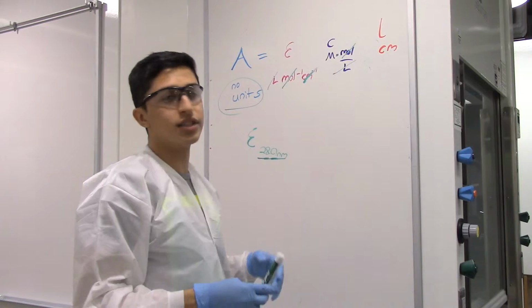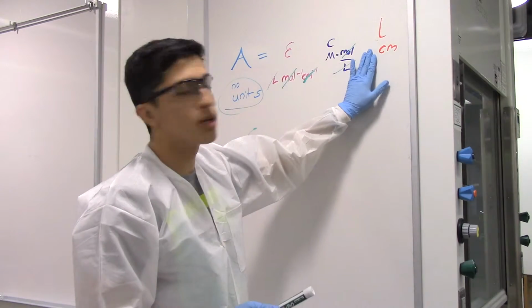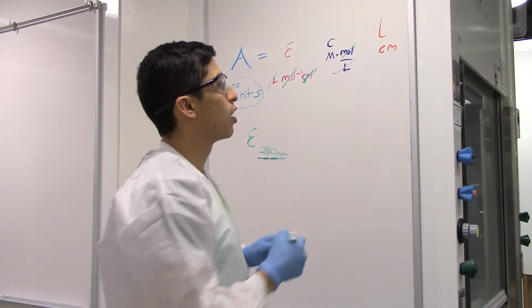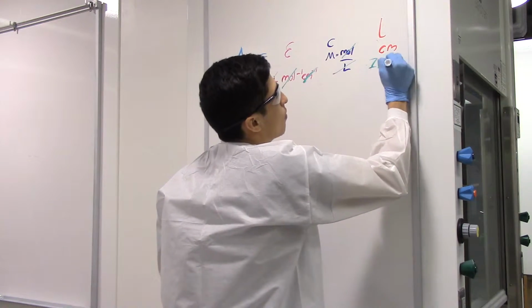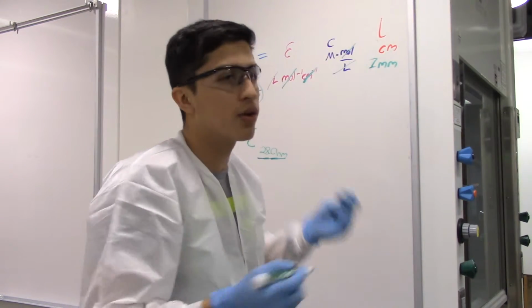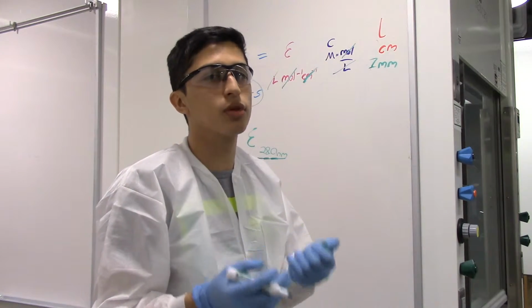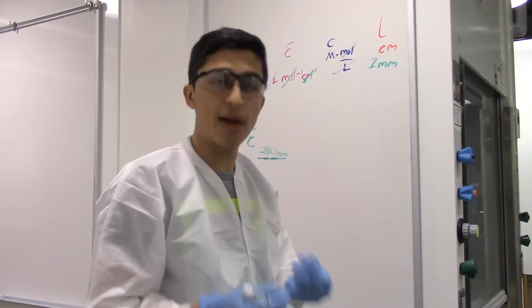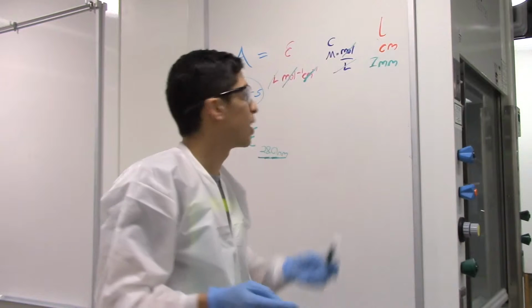So another thing to note is that the standard for this formula is a 1 centimeter path length, but you might not always have a 1 centimeter path length. You might have a 1 millimeter path length. Why would you have a 1 millimeter path length? That always happens whenever you are trying to measure the absorbance of a very, very dilute solution. You would get a smaller cuvette with a smaller path length. Those are the basic concepts behind Beer's law.